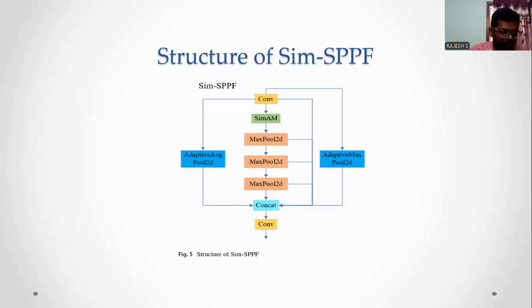Mixing means combining useful details in a better way. So overall, simplified SPPF gathers small, medium, and big features and mixes them together to help the model detect objects of all sizes.